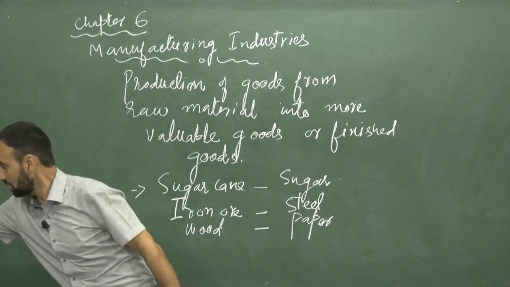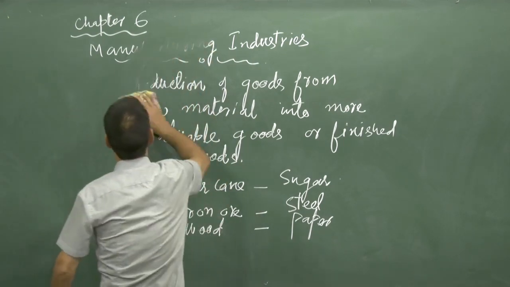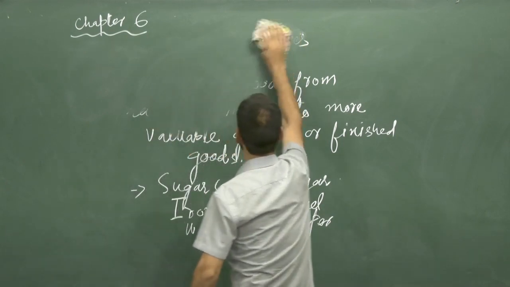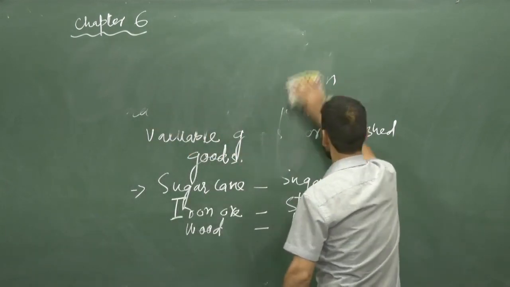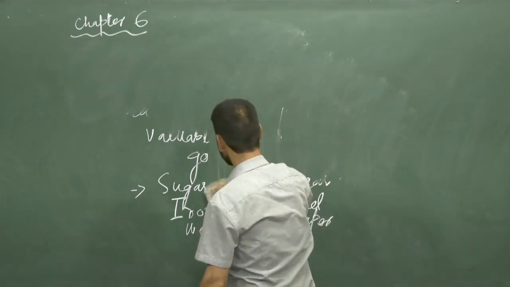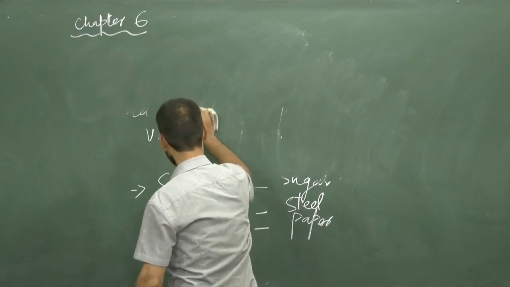Now, there is an important thing related to this chapter, that is the importance of manufacturing. This was the definition of manufacturing and its examples.